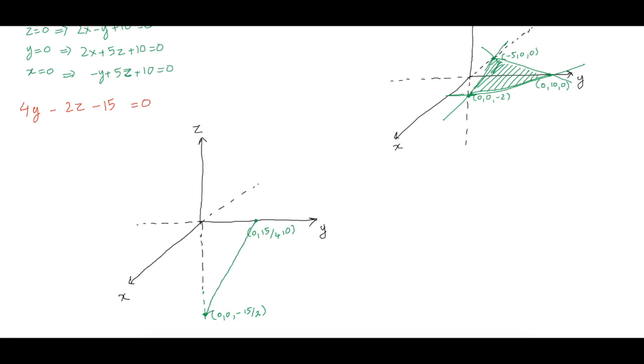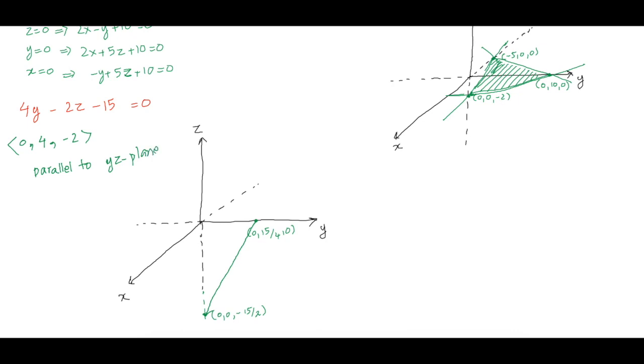Now, what is the orthogonal vector here? For the orthogonal vector we have (0, 4, -2), correct? Because we know that the coefficients of x, y and z constitute our orthogonal vector. This vector is parallel to the yz plane, correct?